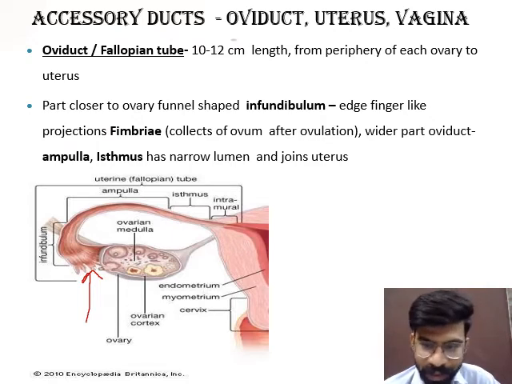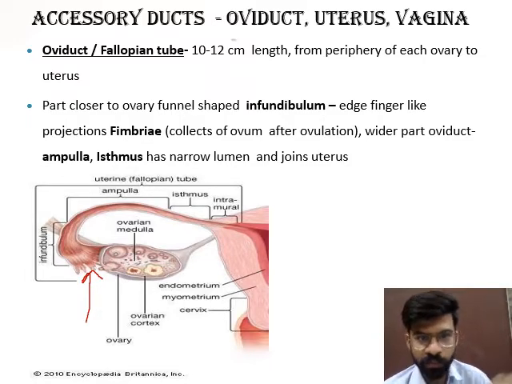These are the different parts of a complete fallopian tube or oviduct. The site of fertilization is the ampullary-isthmic junction. The ampullary-isthmic area is the site of fertilization.